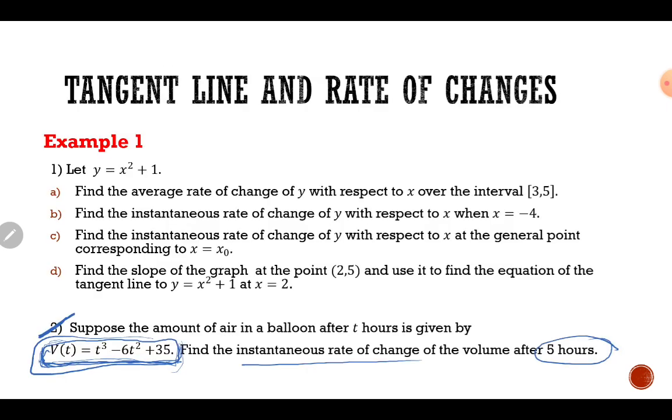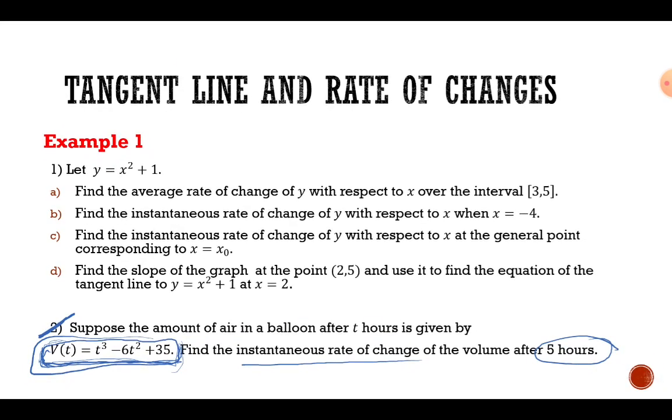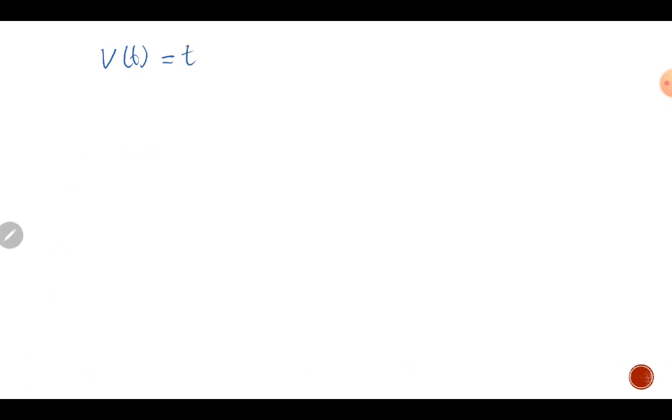So it is given by the equation for the amount of air in a balloon after t hours, V(t) equals to t cube minus 6t square plus 35.